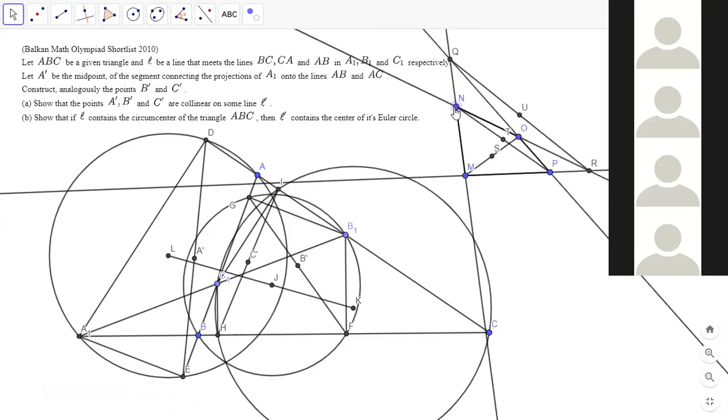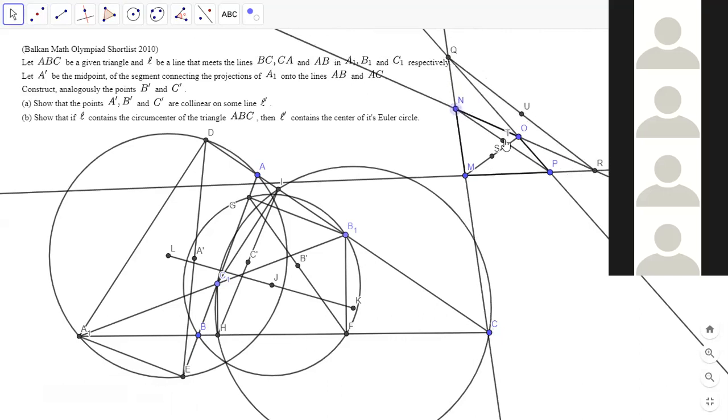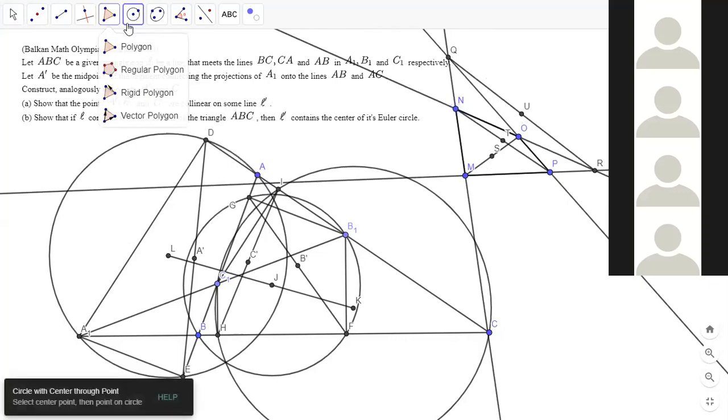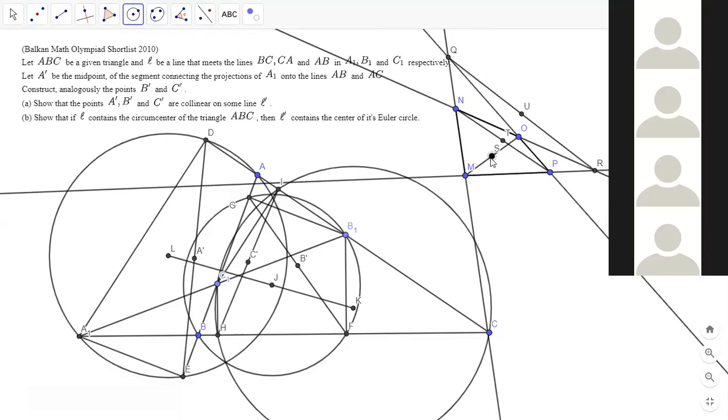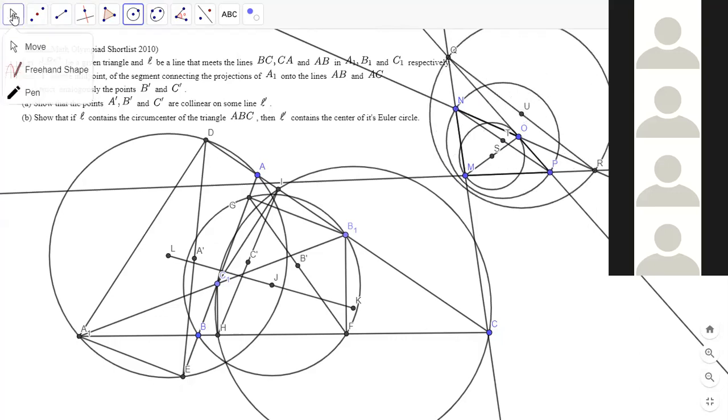I proved that in my video. Then there's another theorem which is another way to prove it. It's not how I proved it in that video, but if you have this circle and this circle, then they have the same radical axis.